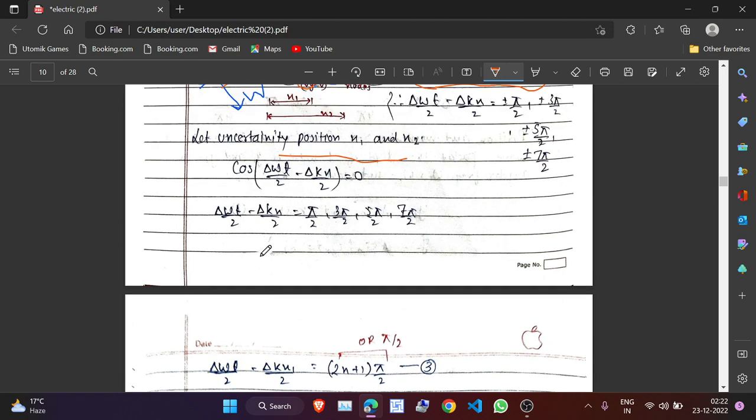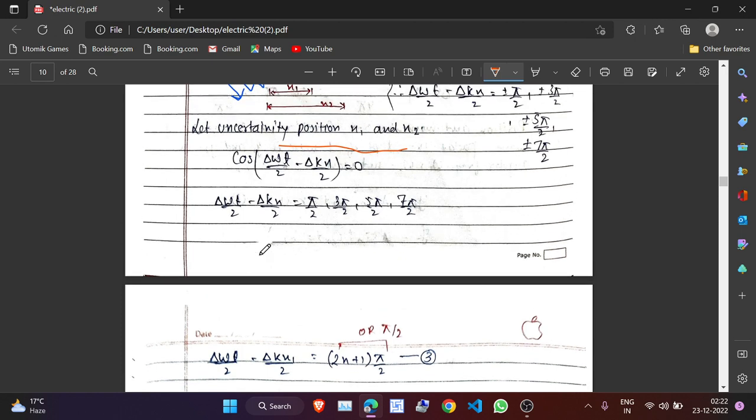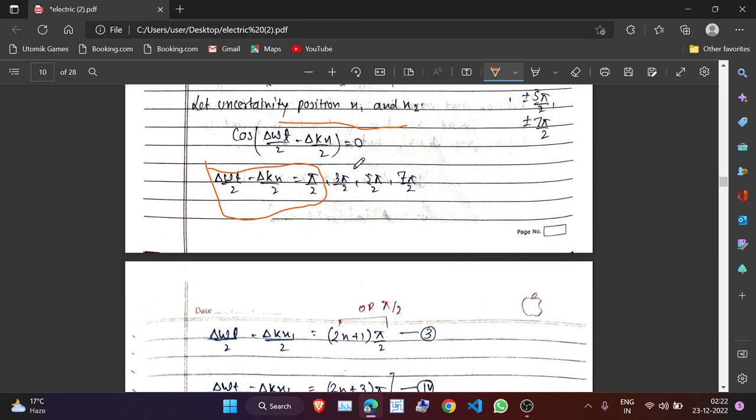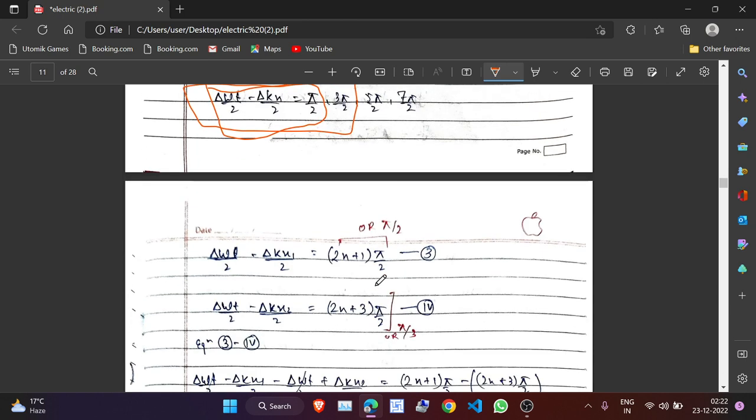Now, to solve it further, for the first equation we take pi by 2, and for the second equation we take 3 pi by 2. This is the first equation I have written, and this is the second equation. This is nothing but the first term and this is the second term.